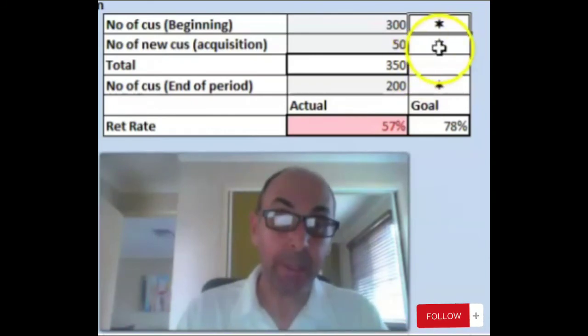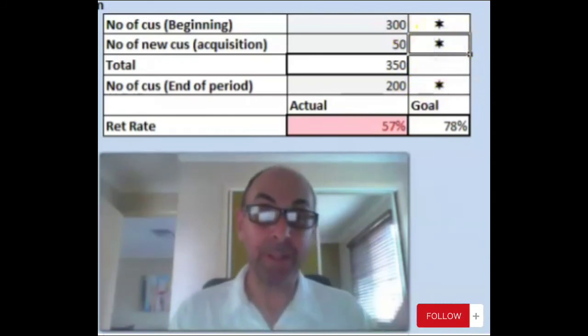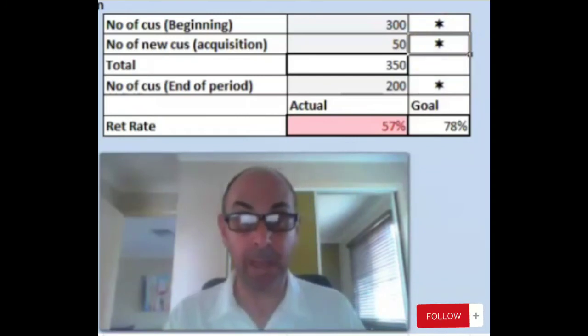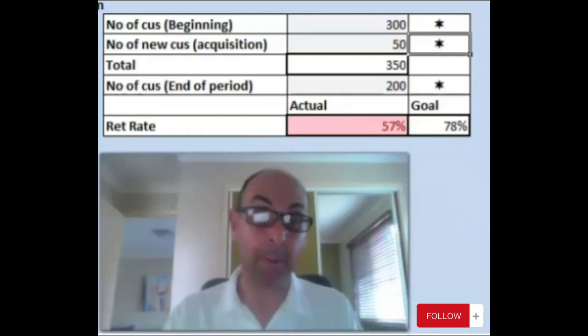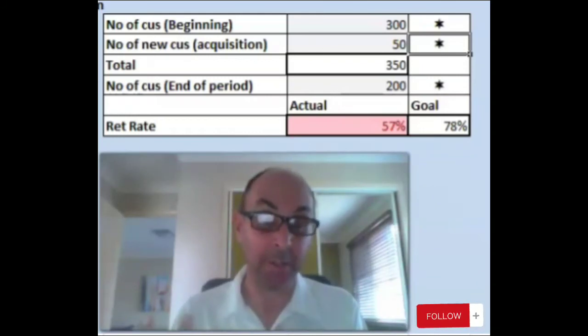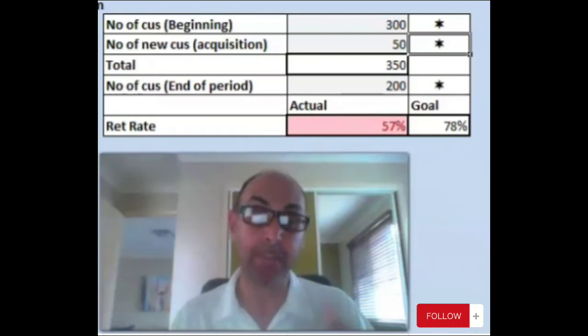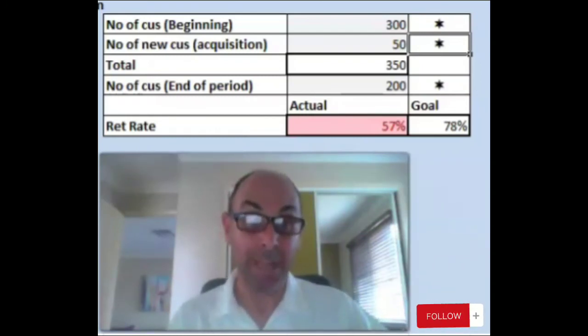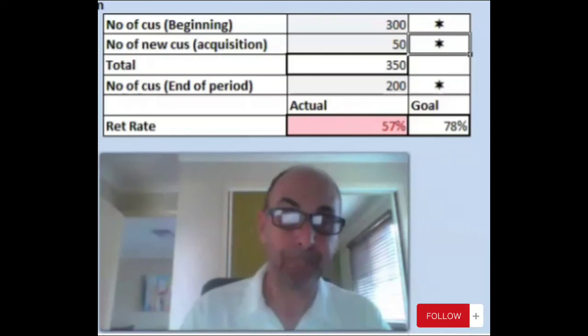We then want to have a look at our client acquisition. We want to benchmark that against previous years to see if we've gone up or down in our acquisition, and then we want to obviously have a look at our marketing to see what's changed in the marketing, both internally or maybe externally, that's altered that figure. So we need to look at that.